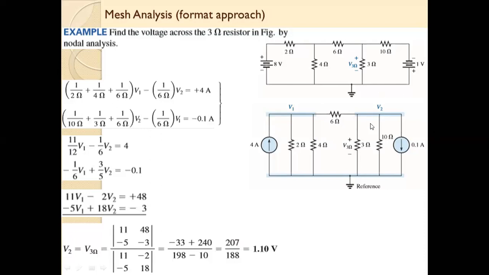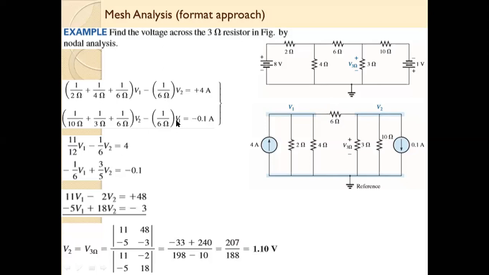For the next node, we can make the equation such that 1 over 10 ohm plus 1 over 3 ohm plus 1 over 6 ohm, and the node is V2, so we will multiply it by V2, minus the mutual term, which is minus 1 over 6.